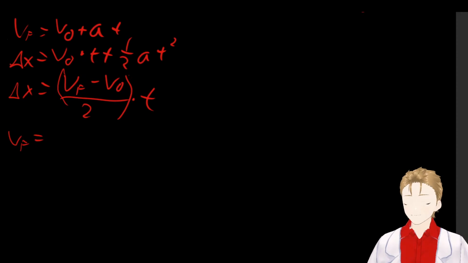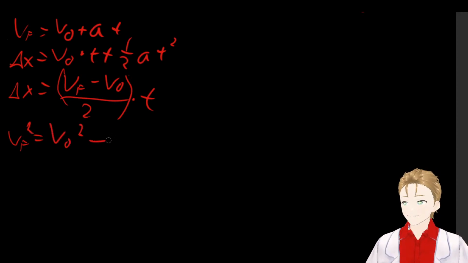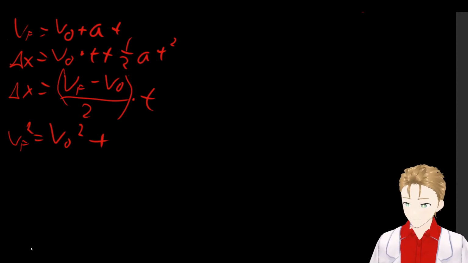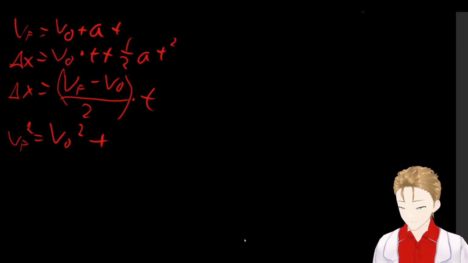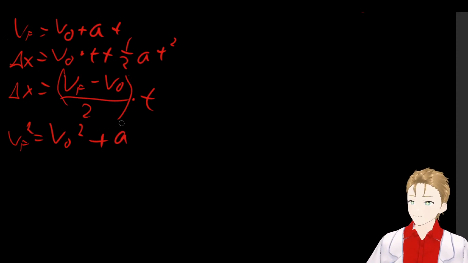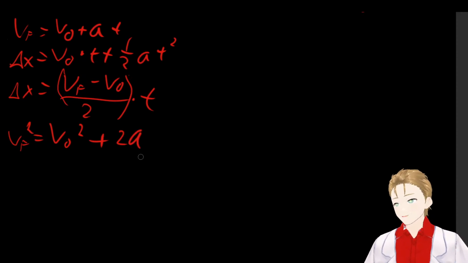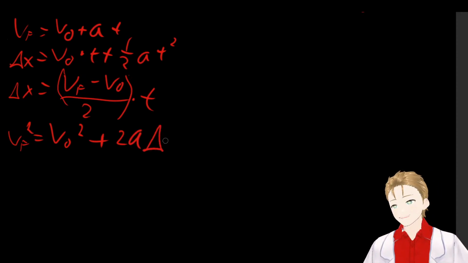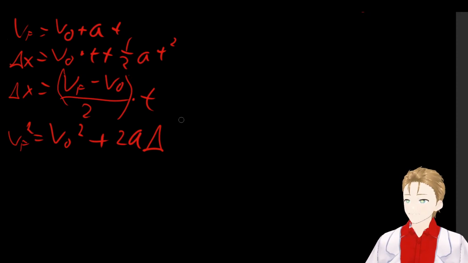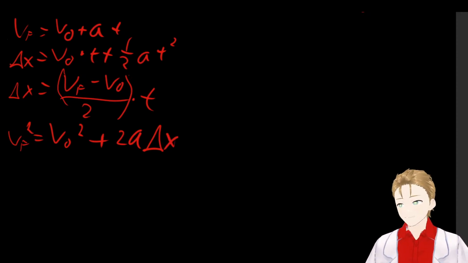Oh, there's the list. v final squared equals v0 squared plus 2 times acceleration times the change in position. Okay.